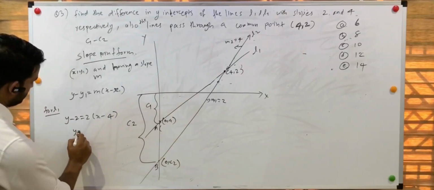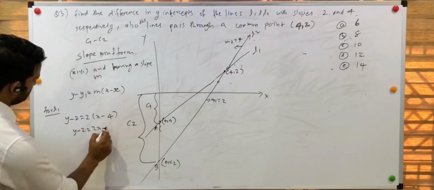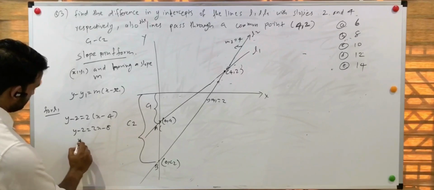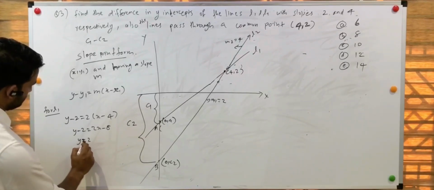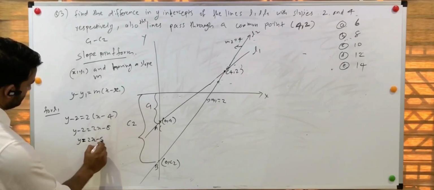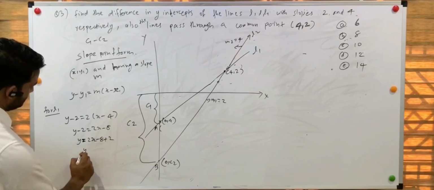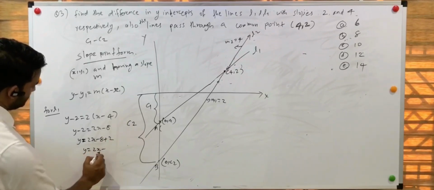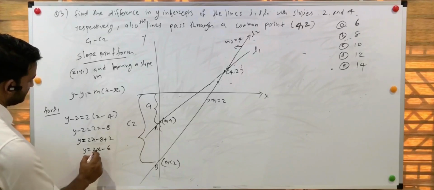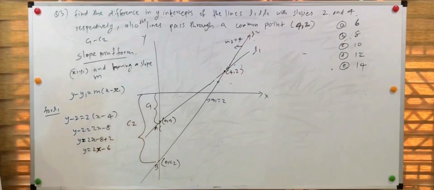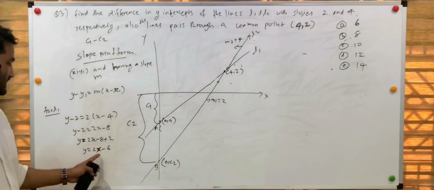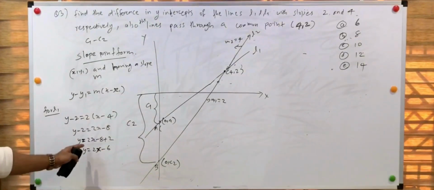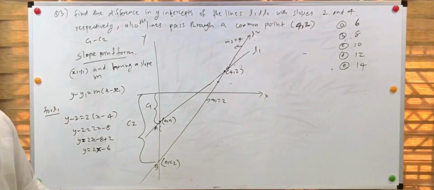So y minus 2 is equal to 2x minus 8. So y is equal to 2x minus 8 plus 2, which is y is equal to 2x minus 6. This is the equation for line L1.